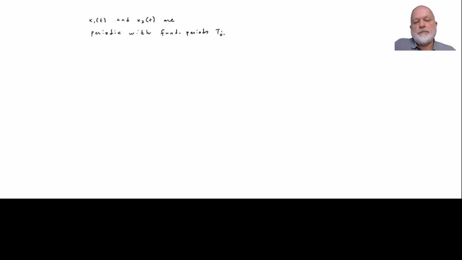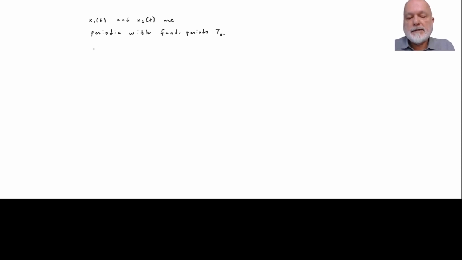Now, let us assume that we have two signals, x1 of t and x2 of t, and they are periodic signals with fundamental period, and their fundamental periods are equal, t0. Okay.